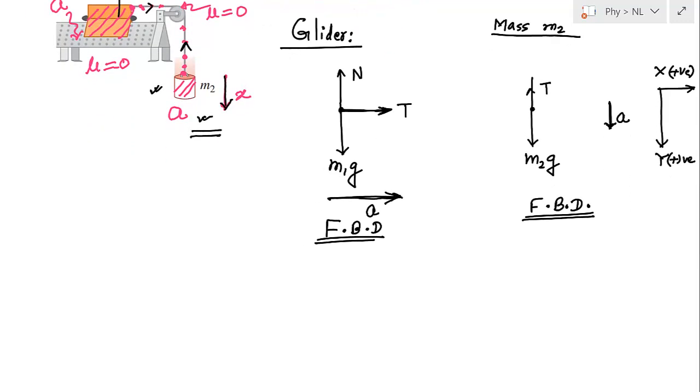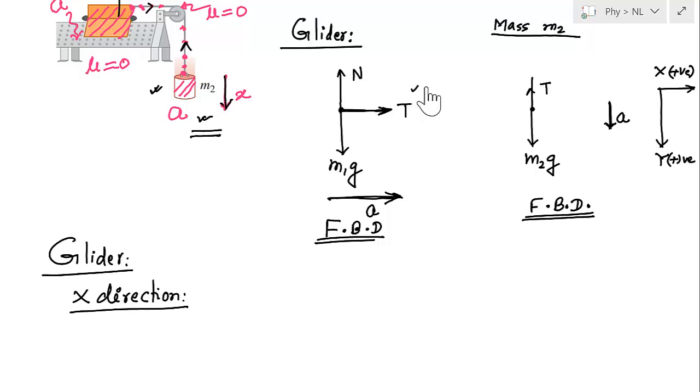Now using this sign convention, we can write the equation of motion. Let's first write the equation of motion for the glider, first for the x direction, and then for the y direction. In the x direction for the glider we have only one force, and that is tension.